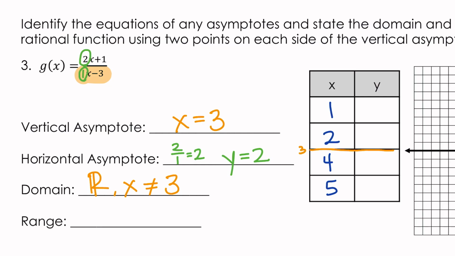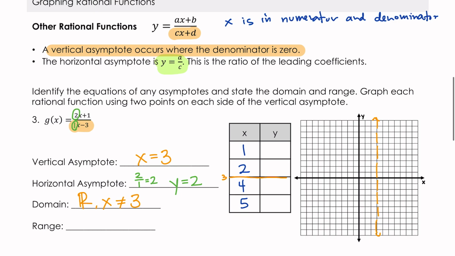We're looking always at the coefficient of the x, not the little constant terms, not the 1 and 3 or 1 and minus 3, but the part in front of the x. So that's where we're going to get our horizontal asymptote from if we have x's on top and bottom. Always this a over the c in our equation. Okay, so y equals 2 is our horizontal asymptote. And then that also determines the range is all real numbers except y can't be 2.